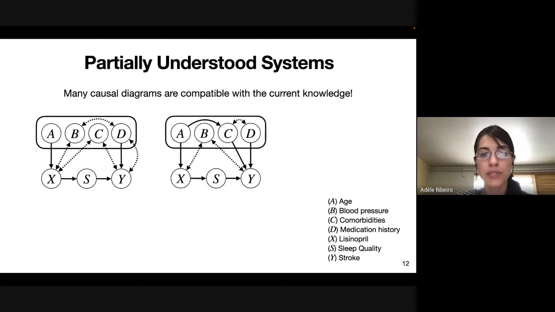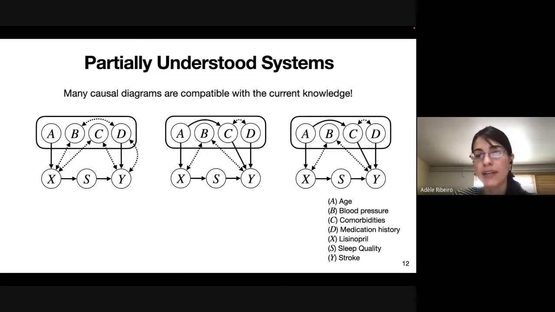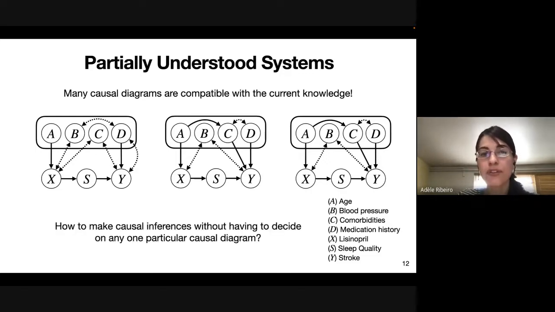So this one could be one example where we have one variable causing X, another variable causing Y, and some of them confounded. It could be something different, A causing X, D causing Y, or any other relationships. But could be any configuration here, and we don't know how to decide what's the true causal diagram.